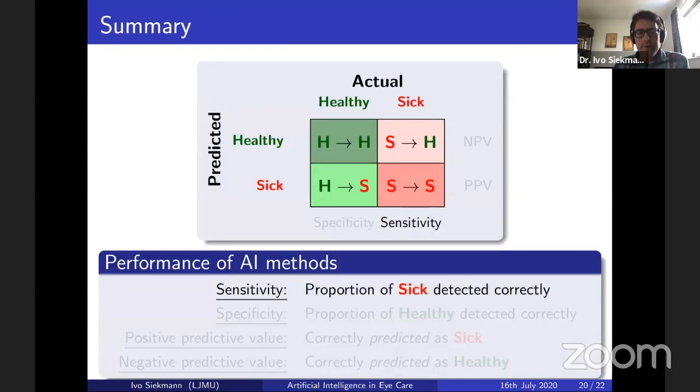So I would like to summarize. There are 4 quantities that are used to assess the performance of an AI method.